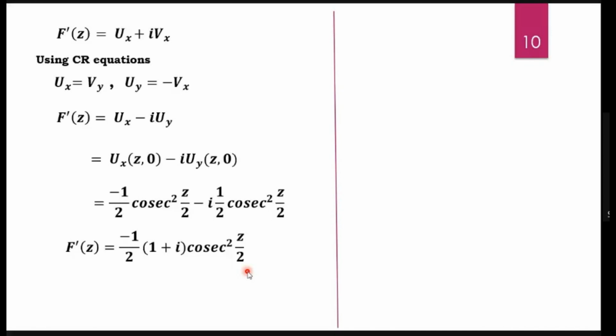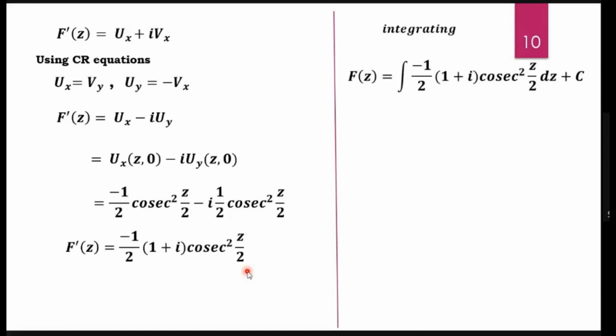Minus half into 1 plus I is again a constant. You don't have to bother about that. Just integrate cosec square z by 2. So cosec square z by 2 का integration, minus half into 1 plus I is the constant which can be taken out. Integration of cosec square z by 2. See, I have taken capital C here also.